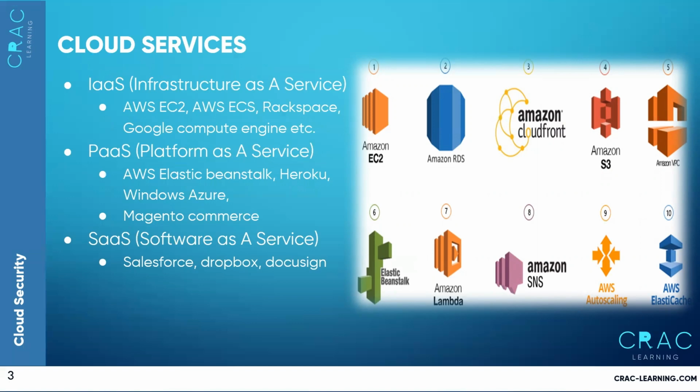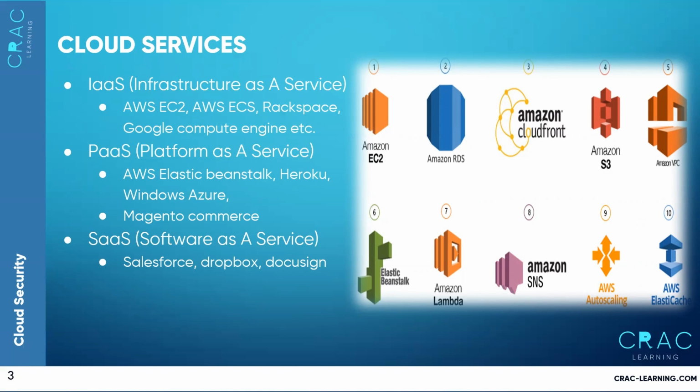Rackspace also provides many other services such as cloud storage, databases, and analytics. Google Cloud Platform lets you modernize your apps and services on Google Cloud scalable infrastructure. These are a few examples of cloud providers which offer infrastructure as a service.